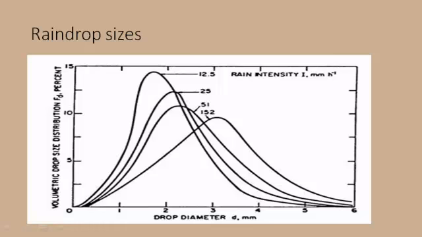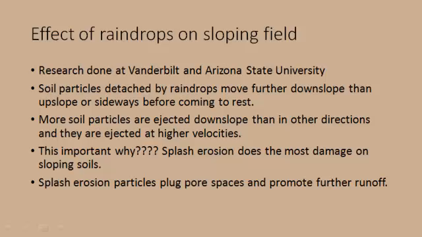And those particles that move downslope are thrown with greater velocity downslope, which means they'll go farther, and when they smack the ground, they'll have enough impact to break loose more soil particles.